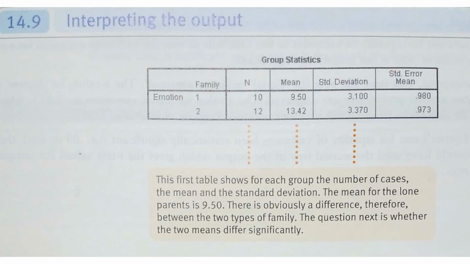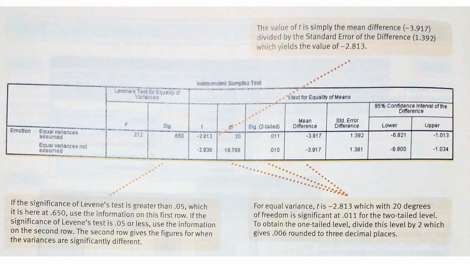There's obviously a difference, therefore, between the two types of family. The question next is whether the two means differ significantly. So you can see here the family group number 1, the lone parent or the single parent, the mean of emotion is 9.5, and then the group number 2, the mean of the emotion is 13.42. So superficially, we can see that there might be differences between these two groups.